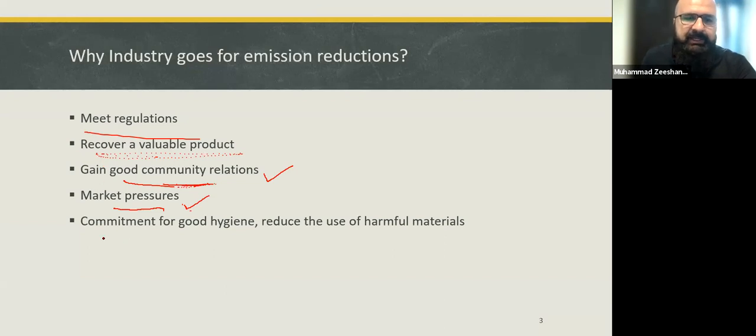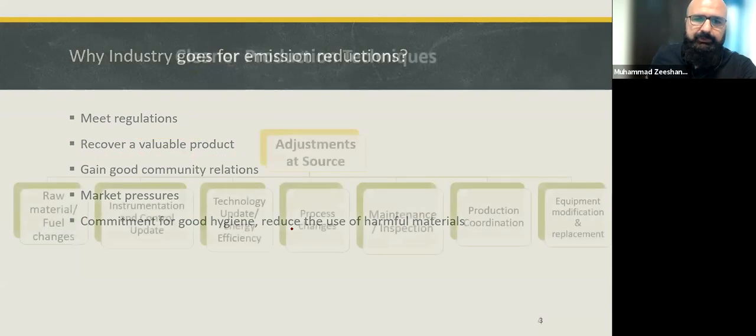And another reason to control air pollutants for an industry is to maintain a healthy environment for the people working in the industry. So these are a few reasons which make the industry go for pollution control.